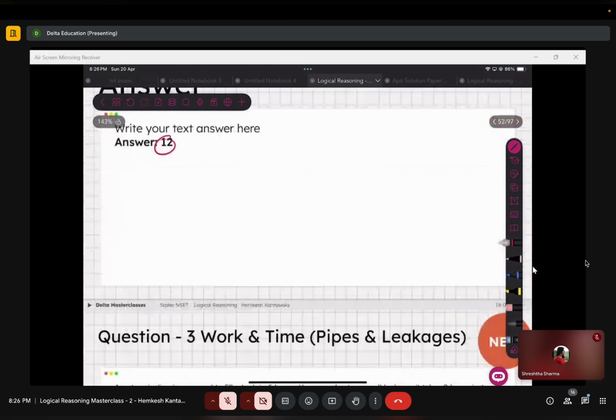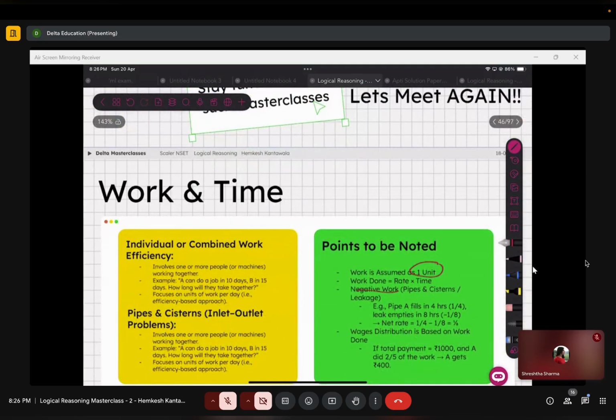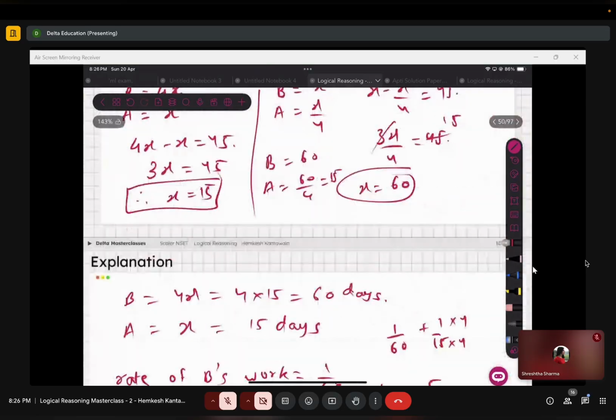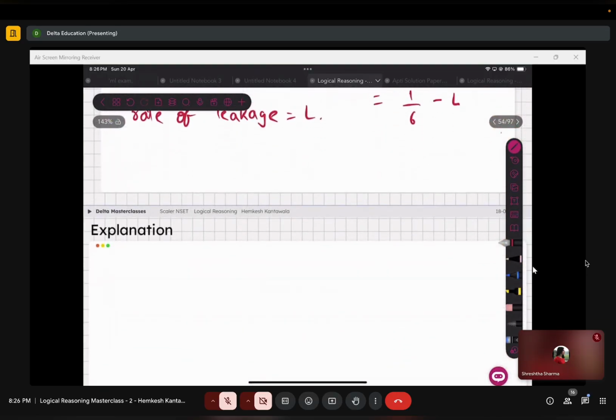In the first slide itself, we said that work is always assumed to be 1 unit, correct? So if the work is 1 unit and the rate is 1 by 6 minus L and it takes 8 hours, this is the equation that we form, and from here, can we get the rate of leakage?